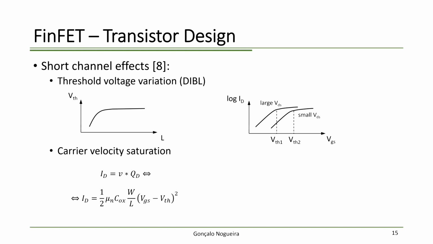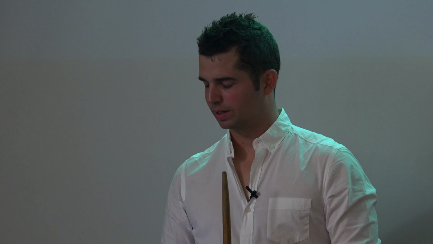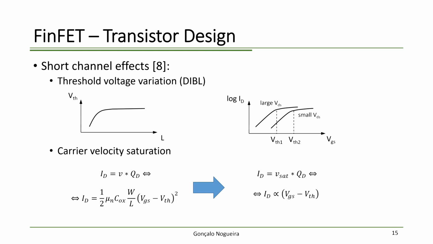But the truth is, as you scale down the transistor, as the dimensions become smaller and smaller, the electrical fields inside that channel become so intense that the carriers reach saturation velocity. This means that the current becomes proportional to VGS minus the threshold voltage instead of quadratically. The first time I saw this on a model was really interesting. I wasn't expecting it.